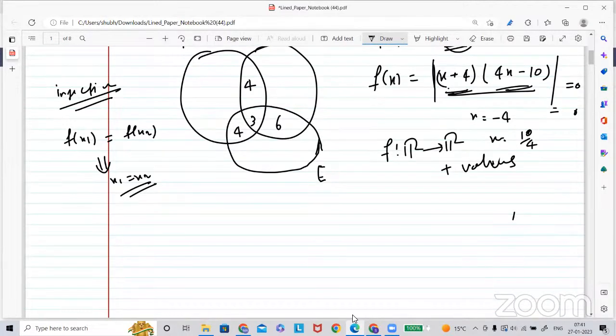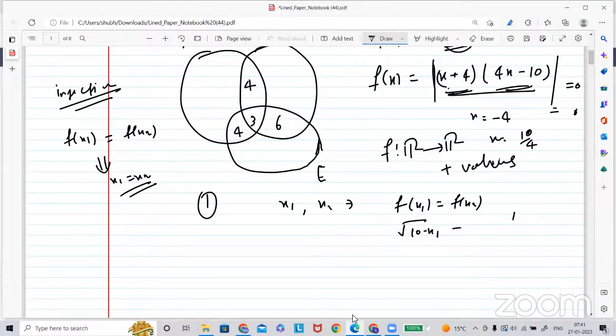So, question number 6. Let's take the first option itself. Suppose we have two values x1 and x2 such that f(x1) is equal to f(x2). For the first option, f(x1) is square root of 10 minus x1, equal to square root of 10 minus x2.